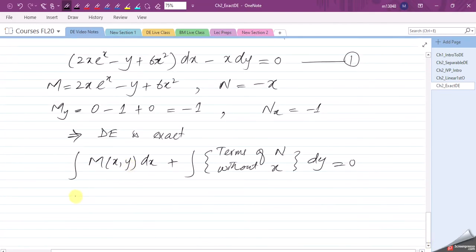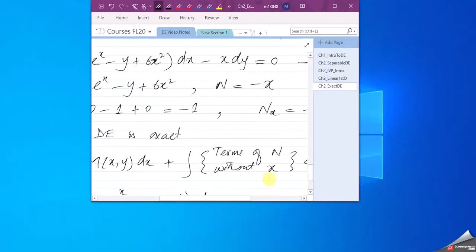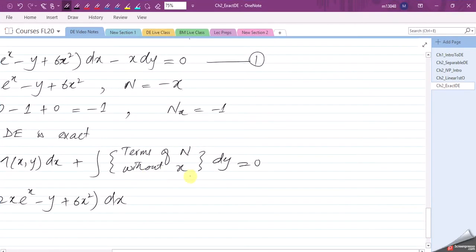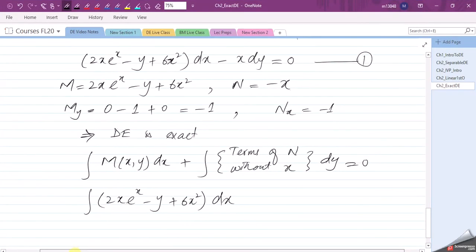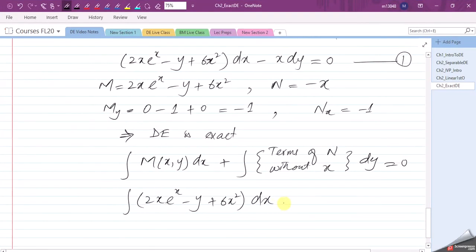M complete, so we write integral of 2x e power x minus y 6x squared dx. Terms of N without x: there is no term in N without x because there is only one term in N and it has x. So we will write nothing for this part of the integral. We will simply write equal to c.